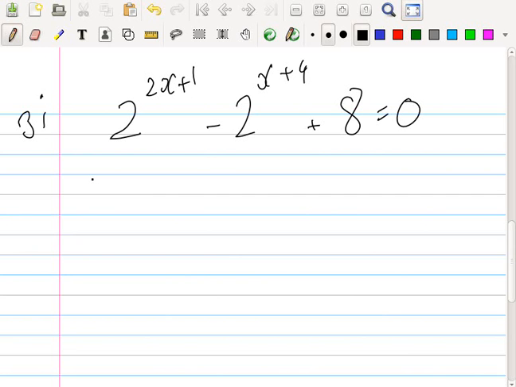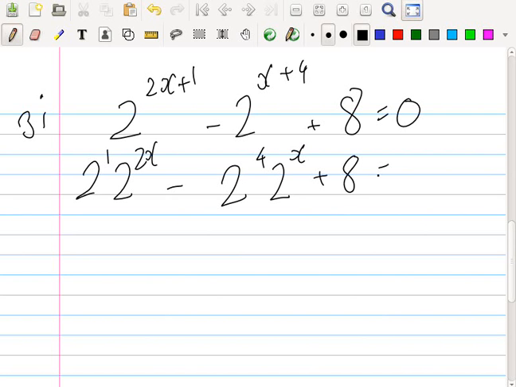What you should do is use the first rule of powers to split these. So this would be 2 power 1, 2 power 2x, minus 2 power 4, 2 power x, plus 8. See? I took this and split it. I took this and split it.